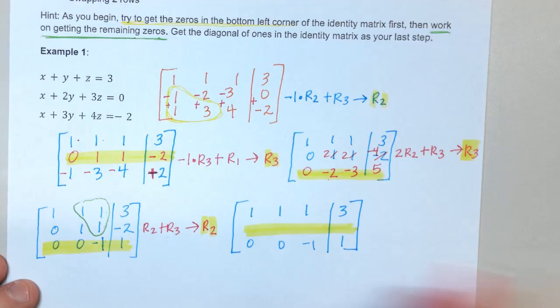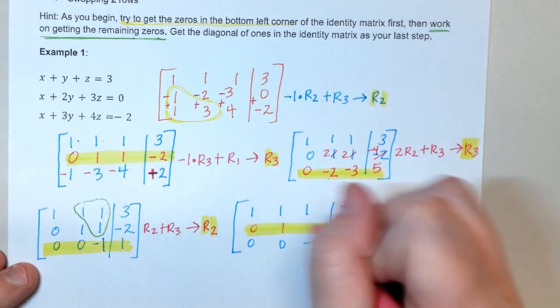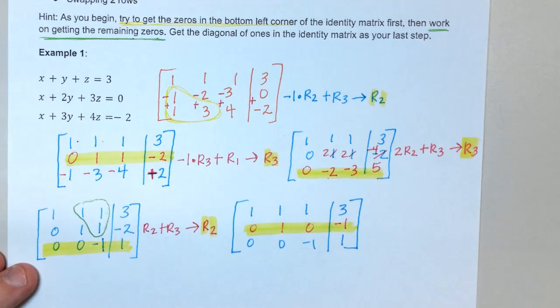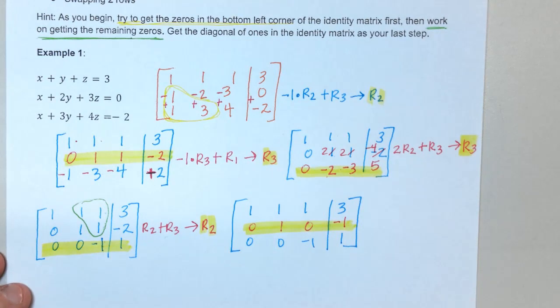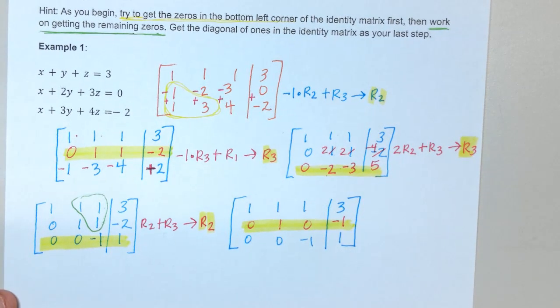We're not multiplying anything, we're just straight adding row 2 and 3. So 0, 1, 0, negative 1. We've got a value for y. Y equals negative 1.